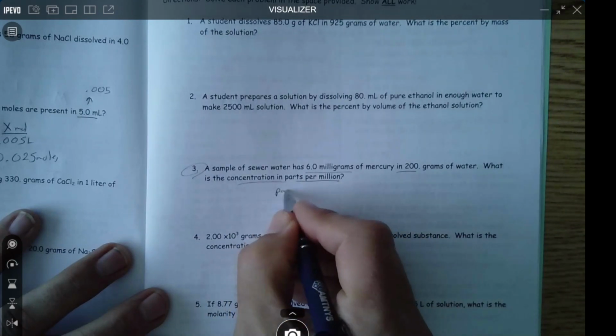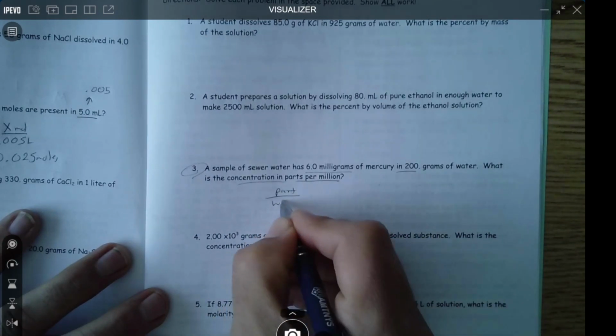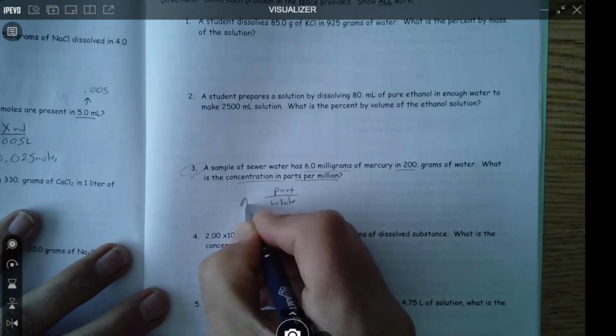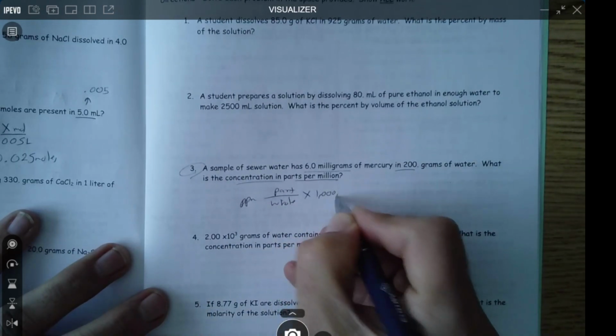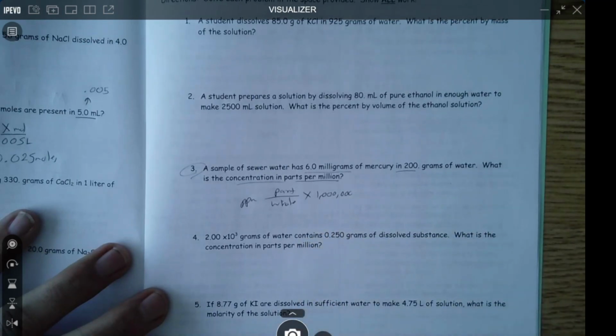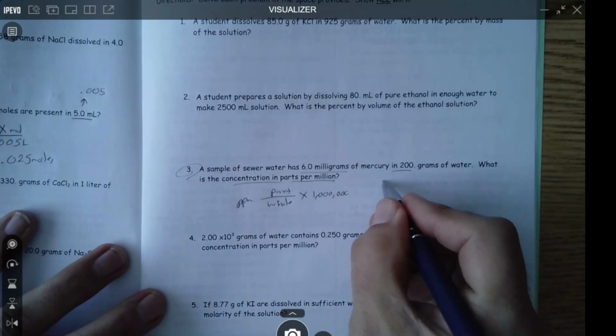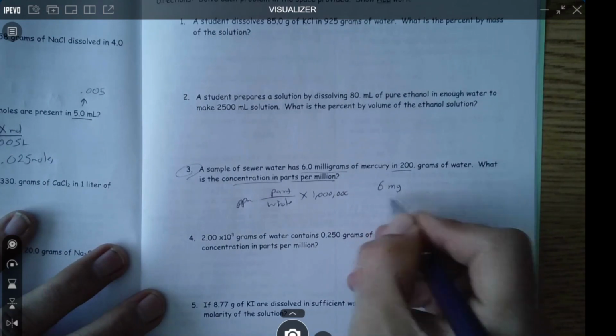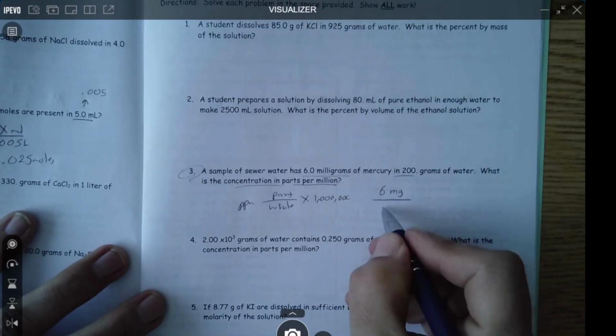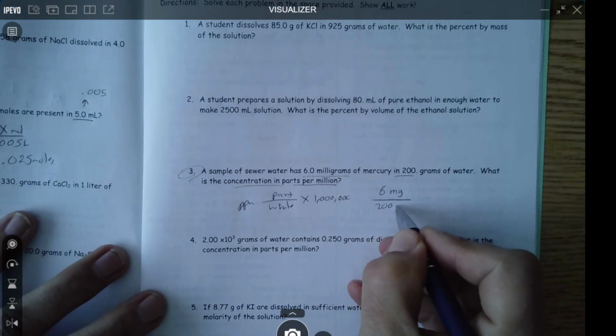So remember, it's parts over whole, but instead of a percent where you multiply by 100, you multiply by 1,000,000. So we have 6 milligrams and 200 grams of water.